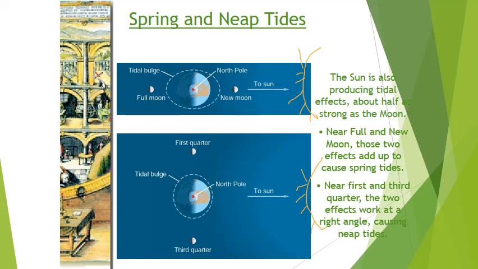Neap tides are when the gravitational effects of both those objects, moon and sun, are kind of fighting each other. And therefore, the high tides are not quite as high, and low tides are not quite as low. Those are called neap tides. So really high tides, extreme tides, are spring tides, and not very extreme tides are what are called neap tides.